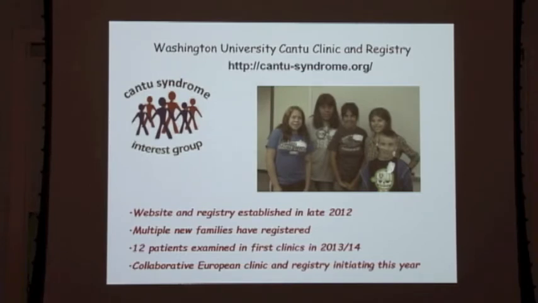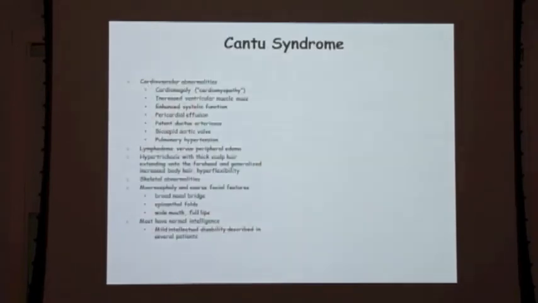This girl is, I think, 18, and this boy is 13 from that first clinic. You can see they all look young. The 2 daughters here, this one is, I think, 21 in this picture, and this one is 18. But for those of you who've got teenage daughters, you know that they can look a lot older than that at those ages.